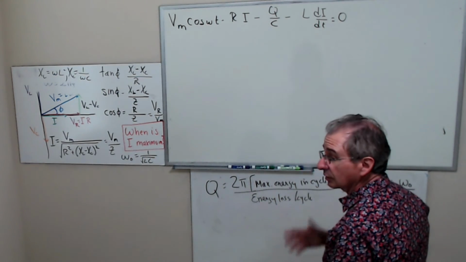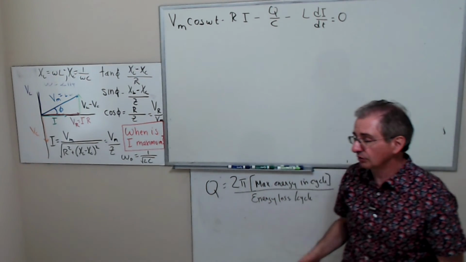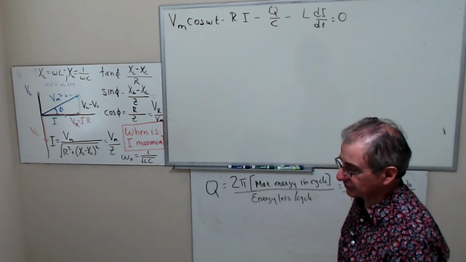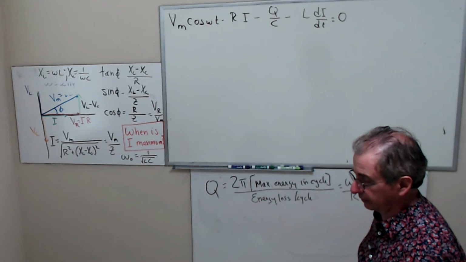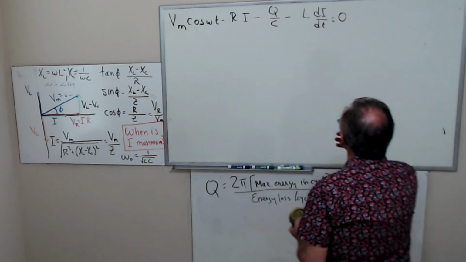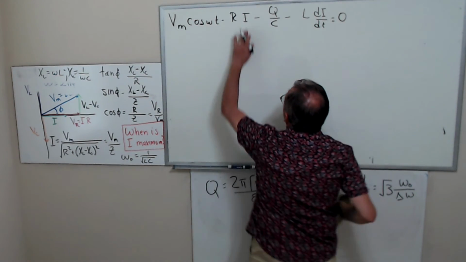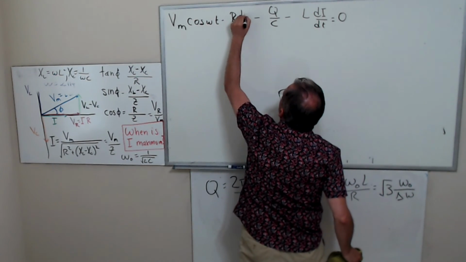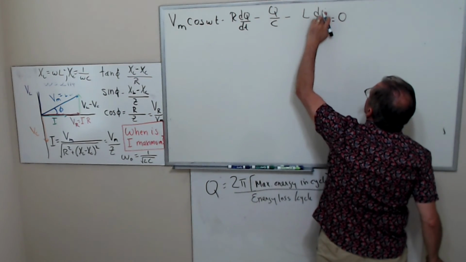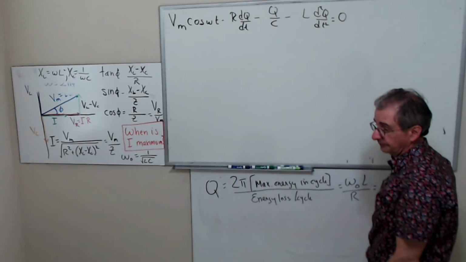I'm setting this up. What I want to do is solve this. I can set myself up to either solve for Q or to solve for I. I'm going to solve for Q. Last week I solved for I because it was more convenient for me to do that. I is dQ/dt, right? So I can rewrite this. And really, this is the second derivative of Q with respect to time.